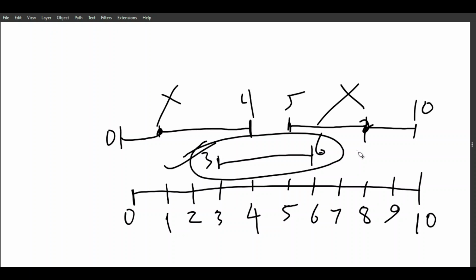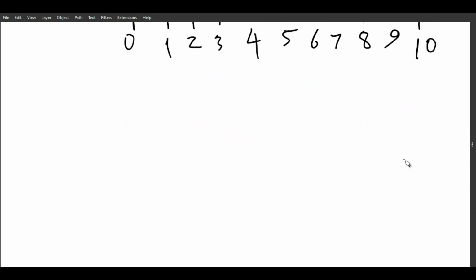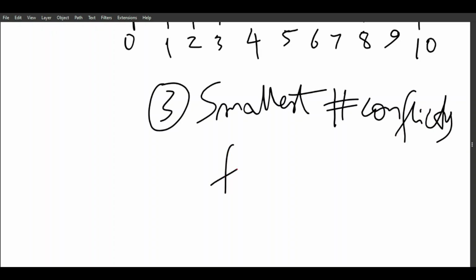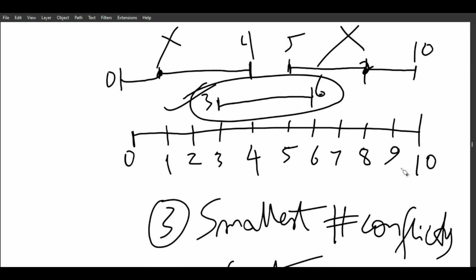So our next heuristic is smallest number of conflicts first. This is the third heuristic. So this works for this example.